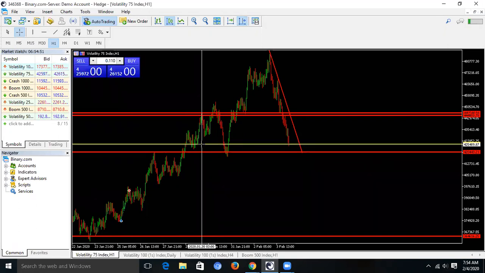It's a quick take profit. Let's put it at 4254.